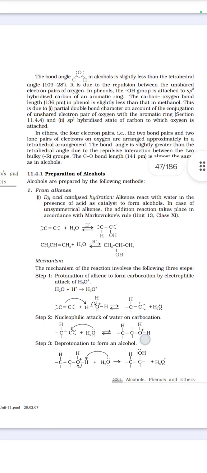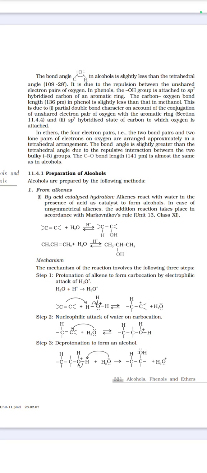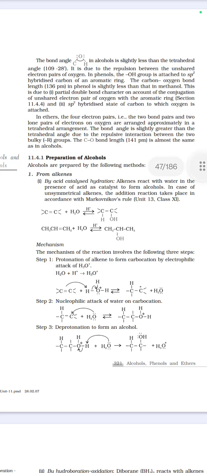The carbon-oxygen bond length, 136 picometer in phenol, is slightly less than that in methanol. This is due to the partial double bond character on account of conjugation of the unshared electron pair of oxygen with the aromatic ring, and secondly the sp2 hybridized state of the carbon to which oxygen is attached.